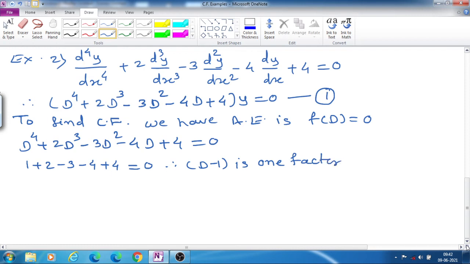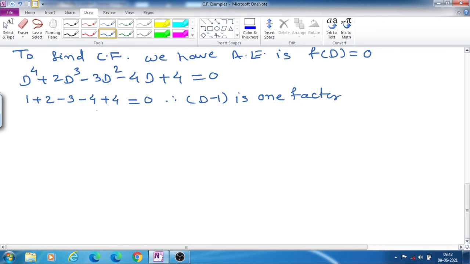Therefore to find the other factor, we take division. So here we write coefficients 1, 2, −3, −4 and plus 4. Since D − 1 is one factor, here we take plus 1.